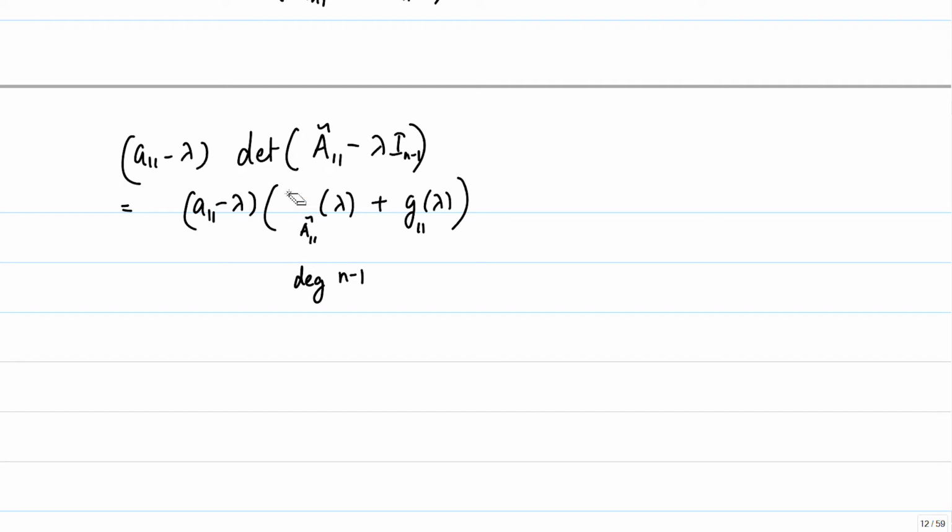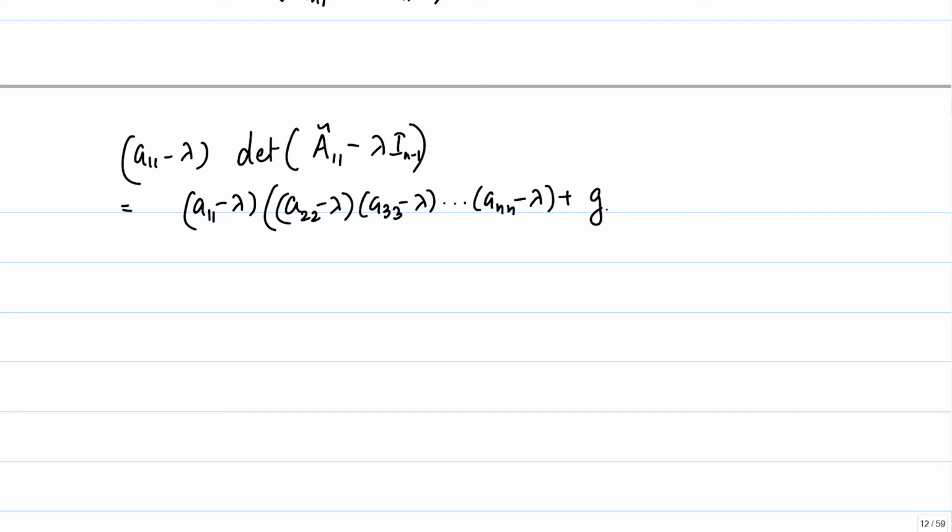Oh, no, in fact we can say a lot more. By the induction hypothesis, this will turn out to be a2 minus lambda into a3 minus lambda up to an minus lambda plus g11 tilde.